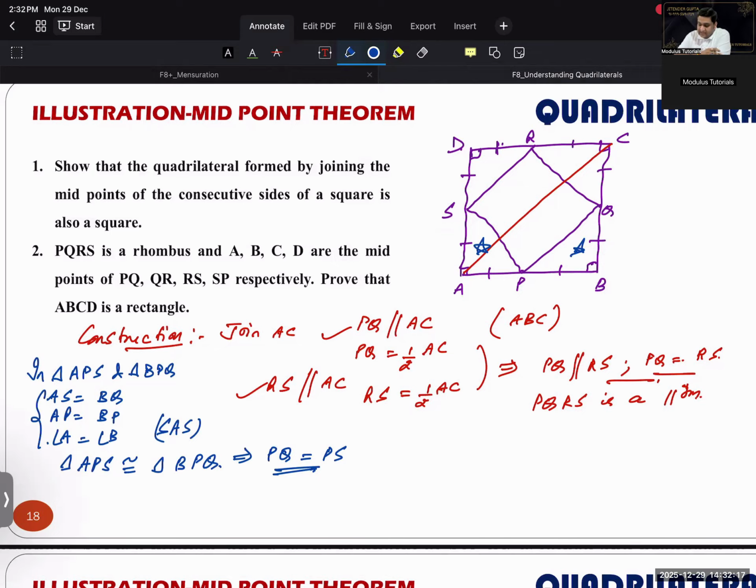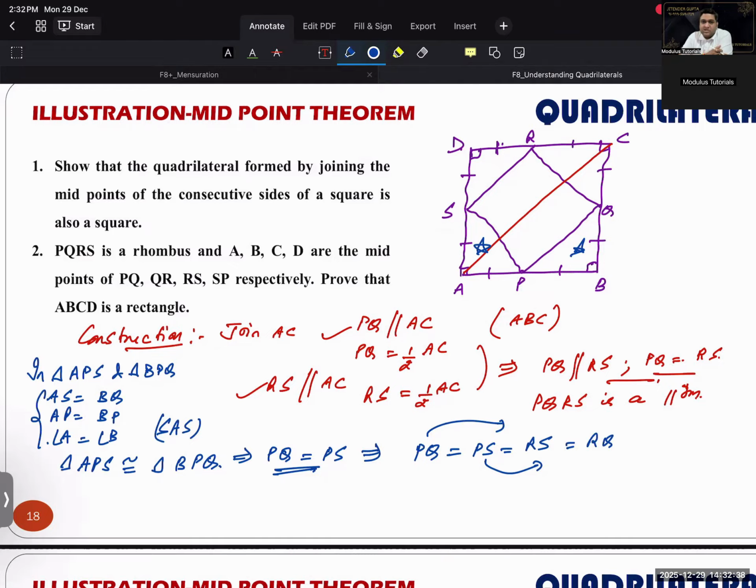Now, if that happens, that means I had already proven it's a parallelogram, and in that I have now also proven one pair of adjacent sides are equal. So I have been able to establish PQ is PS. PQ was initially equal to RS and PS was initially equal to RQ. So all sides are also done.